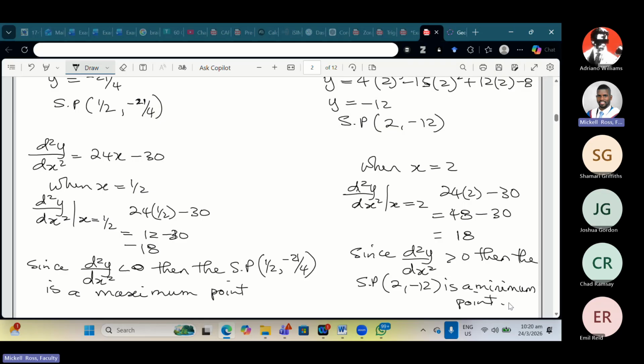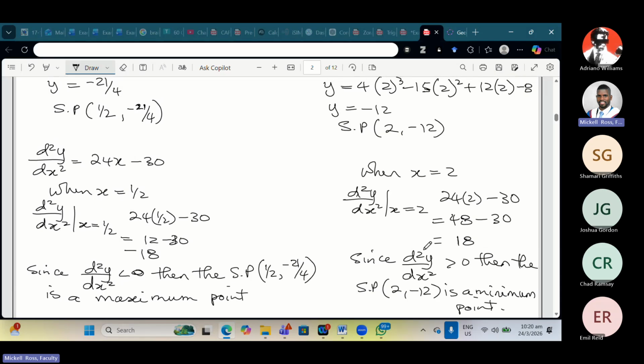It's going to be a minimum point. All right, so it is clear to see that one gives us a maximum value, one gives us a minimum value. So in so doing, we'll get our maximum and minimum points. What I want you to do is go ahead and take that off so we can identify what this graph will look like.